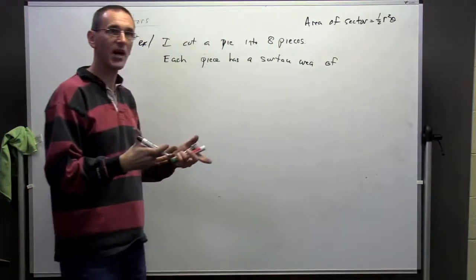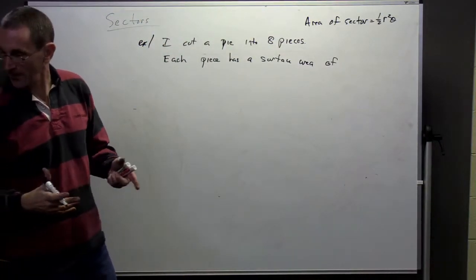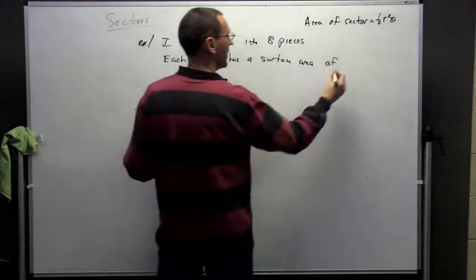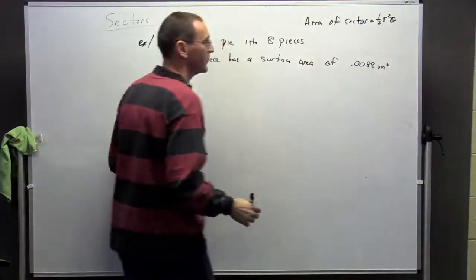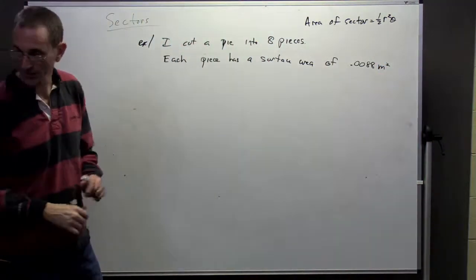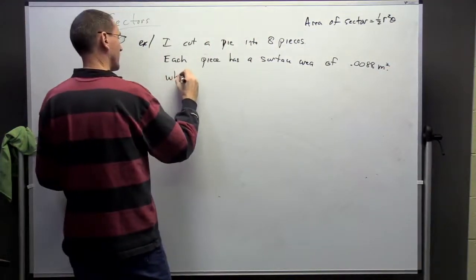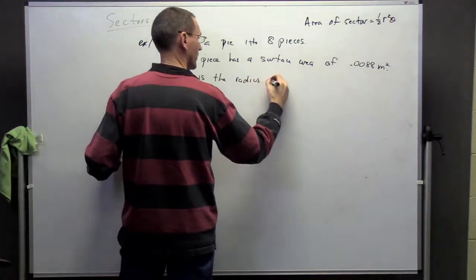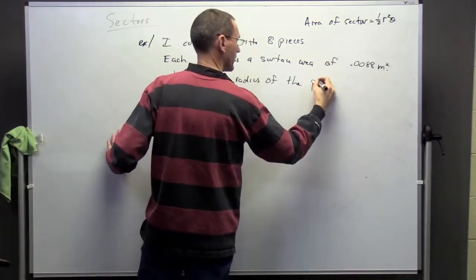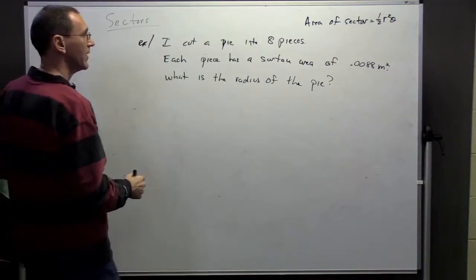And if I just look at the top of the pie, or the crust, if that's the way you roll, the surface area of that top of the pie is going to be 0.0088 meters squared. Period. And the question is what's the radius of the pie?